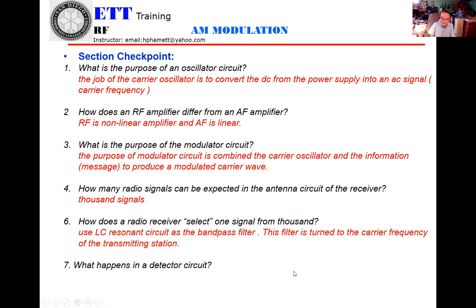Very good. The LC resonance circuit acts as a band pass filter. This filter is tuned to the carrier frequency of the transmitting station. That means you tune L and C to reach resonance at the radio station you want.